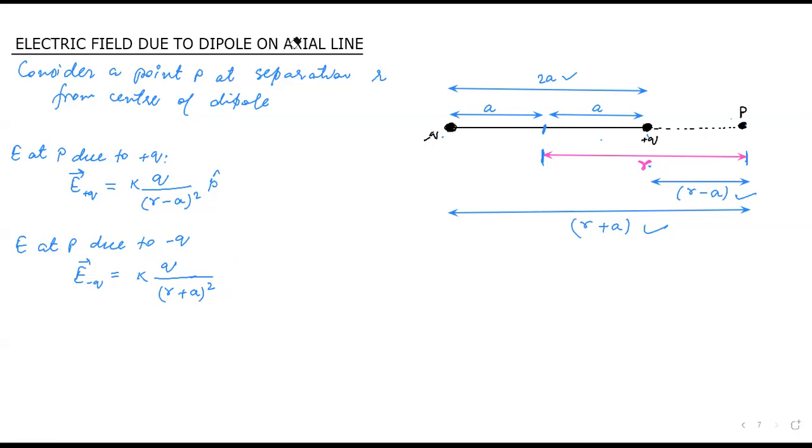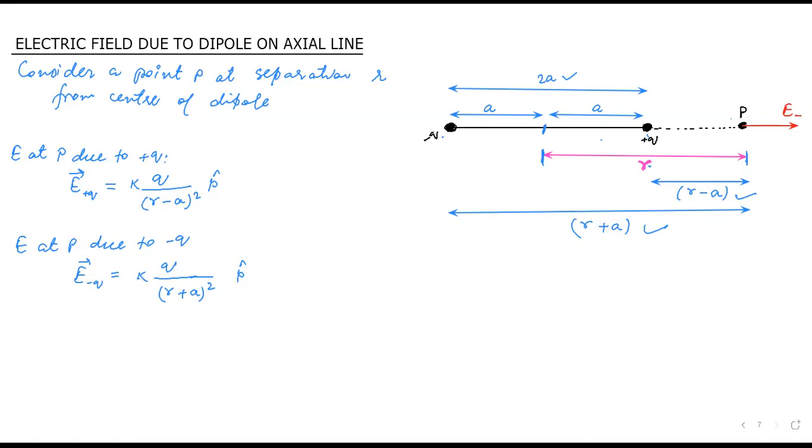Now, the next point is what will be the direction of the electric field due to the plus Q charge at point P? It will be away from plus Q, because a positive charge always generates electric field going away from it.